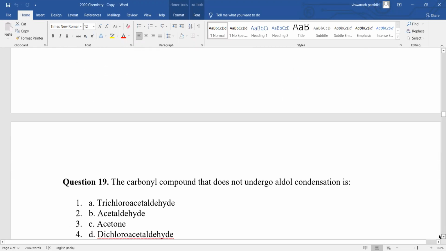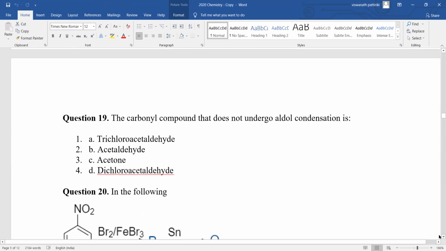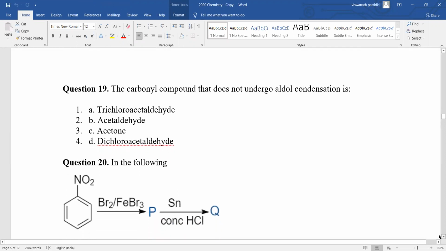The carbonyl compound that does not undergo aldol condensation. What is the condition to undergo aldol condensation? Alpha hydrogen should be there. The aldehydes which do not have alpha hydrogens won't undergo aldol condensation, and the compounds without alpha hydrogen undergo Cannizzaro reaction. See, what is this, trichloroacetaldehyde?